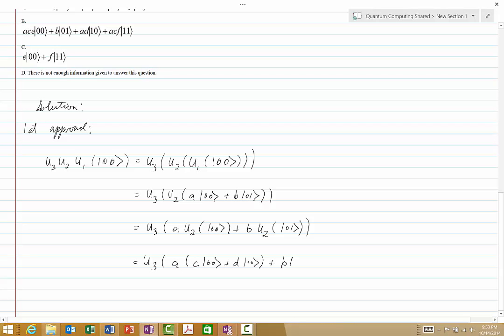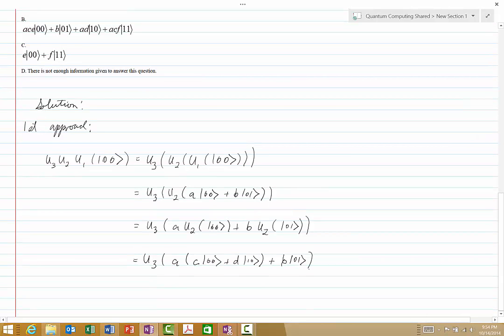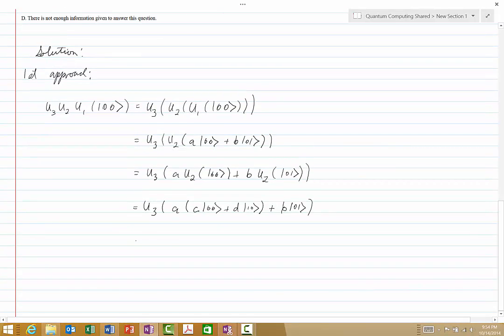So here we can write 0, 1. And now when we multiply out what's inside the parentheses, we get AC 0, 0 plus AD 1, 0 plus B 0, 1.